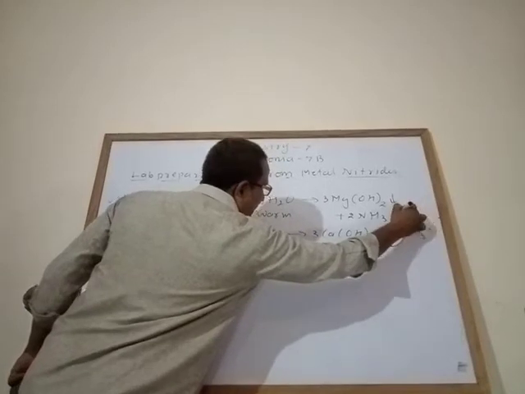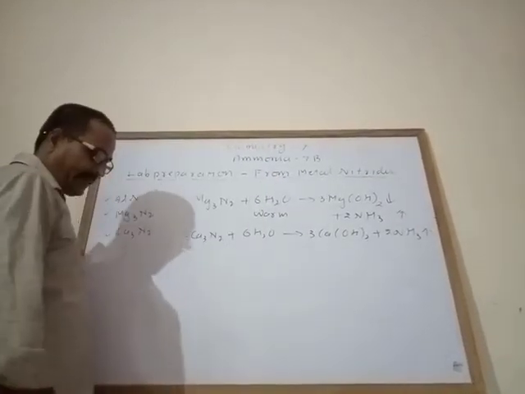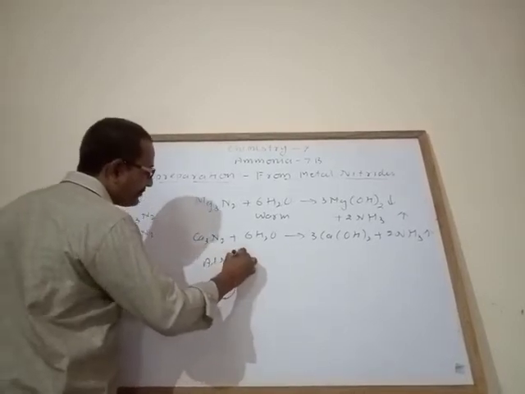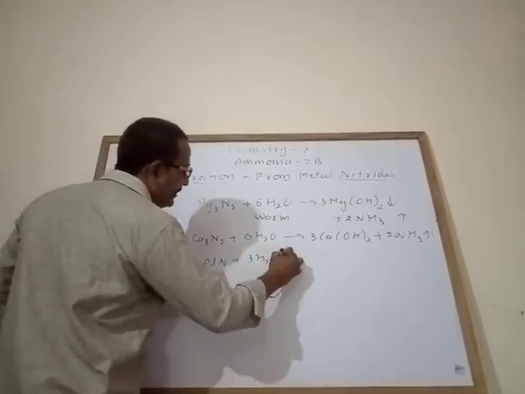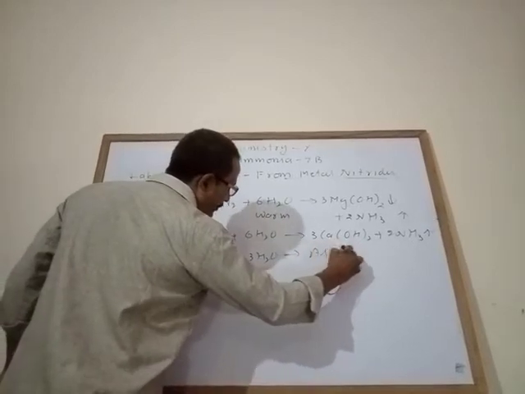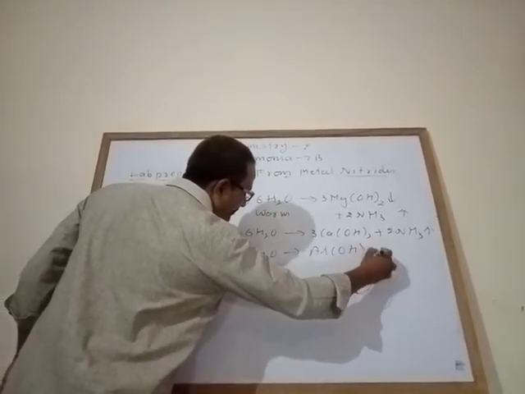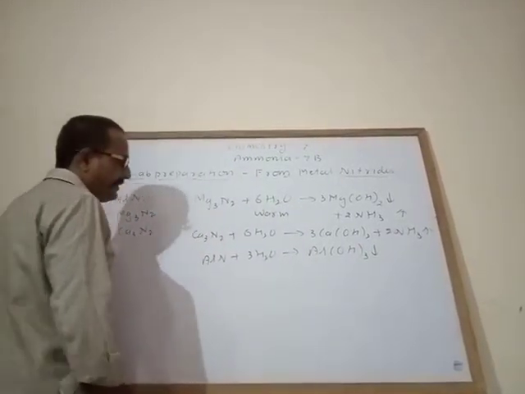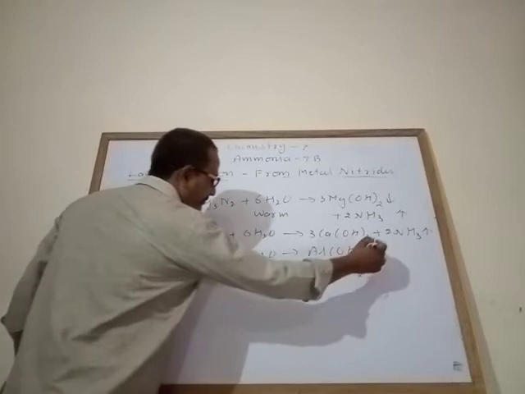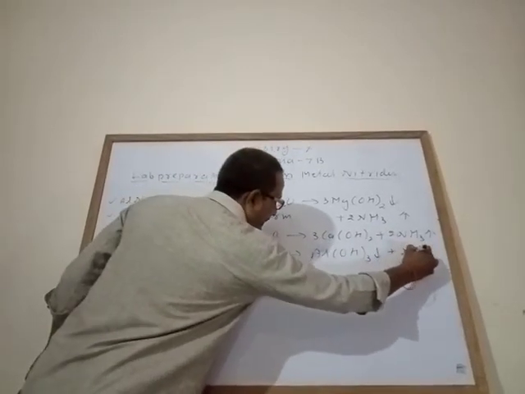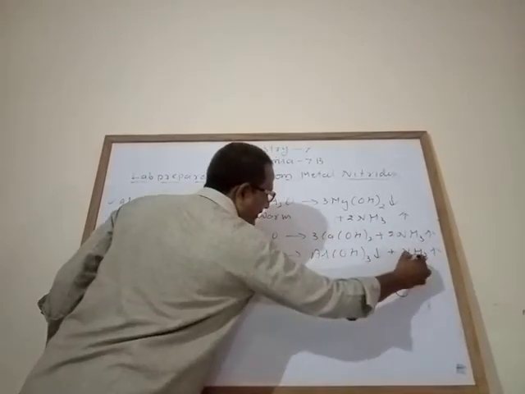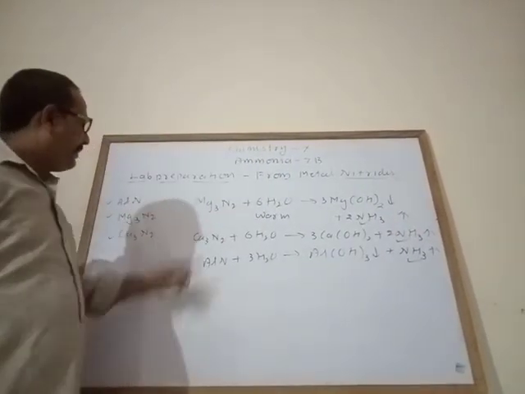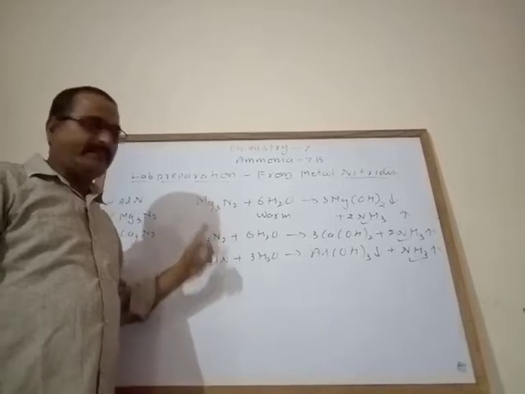Similarly aluminium nitride, AlN, with 3H2O forms aluminium hydroxide and ammonia gas, NH3. This is the preparation of ammonia by metal nitrides.